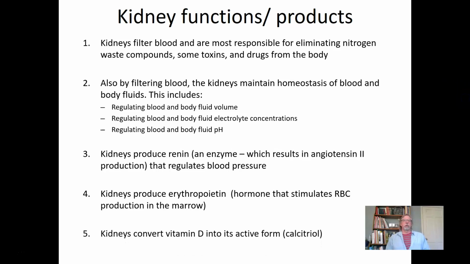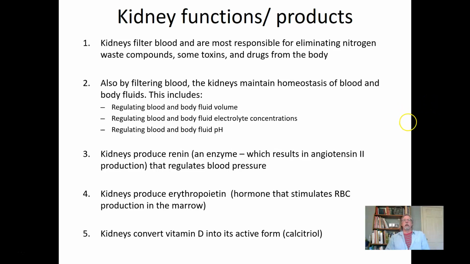And final function for the kidneys, on our list anyway, is production of vitamin D. And vitamin D is a hormone. It's sort of misnamed. It's a hormone that's involved in regulating blood calcium levels. So those are some of the main functions of the urinary system in general, and specifically the kidney.